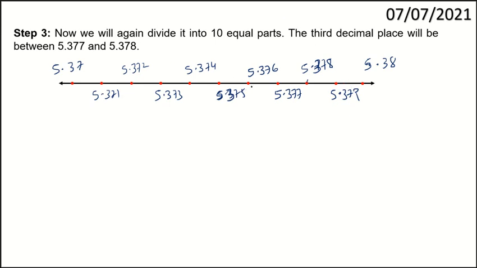Now, where do I have to look for 5.37 bar? 5.37 bar is 5.3777. That means I have to come closer.